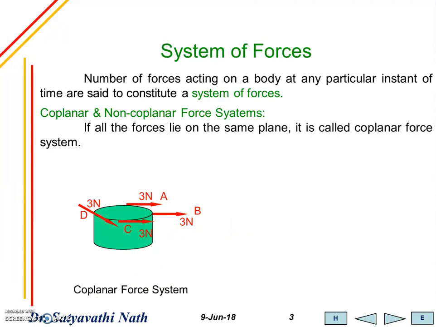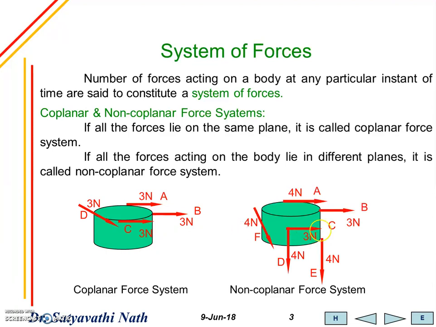Then coming to non-coplanar force system, here in the second diagram if you see, so many forces are acting on this body, but all these forces are not in a single plane. 4 Newton is acting on the top of the surface, and this 3 Newton force and 4 Newton force are acting at the middle level of this object, and 4 Newton is in vertical plane.